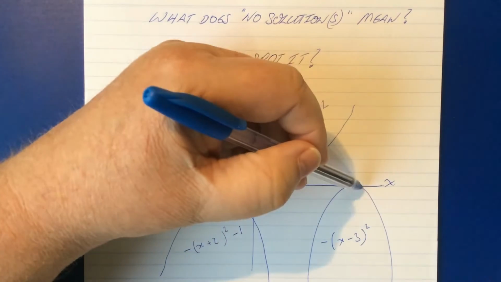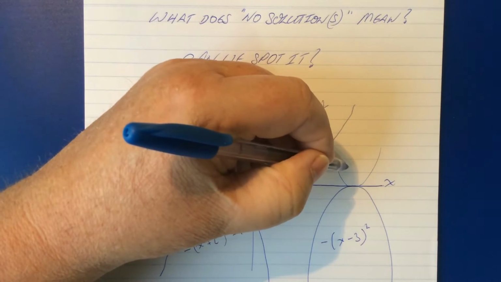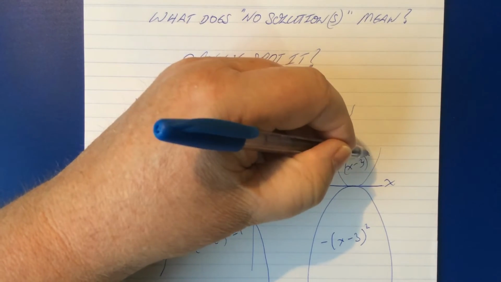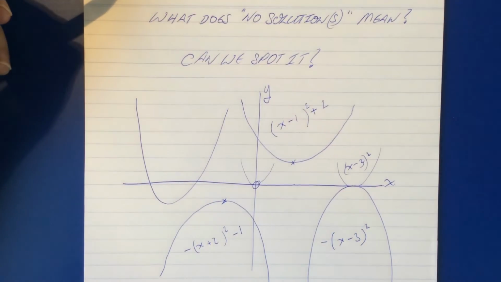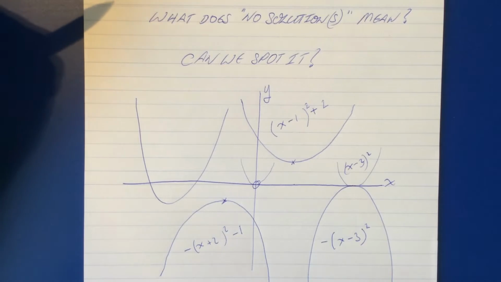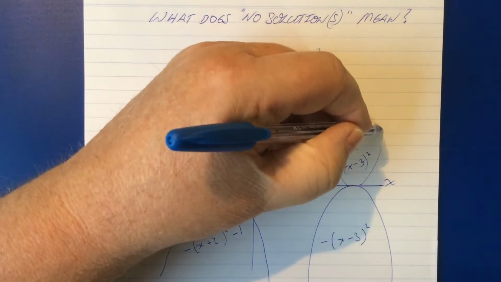This could just as easily be positive, and its equation would be x minus 3 all squared. Okay. When you draw this, you find that it touches the x-axis. It's got a real solution for x, one solution.